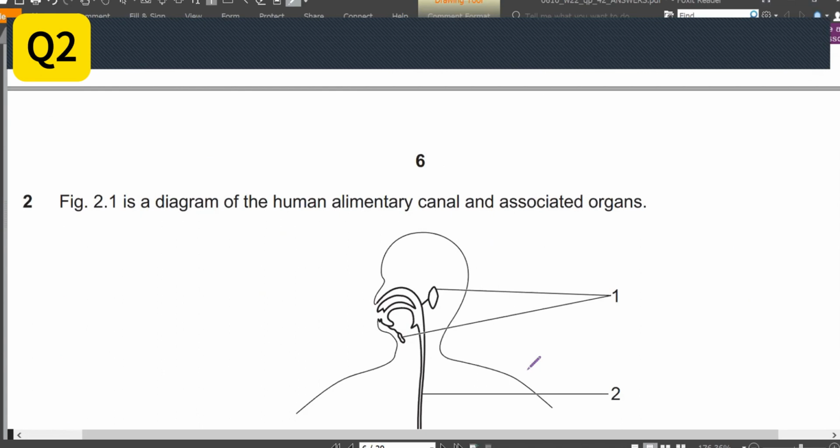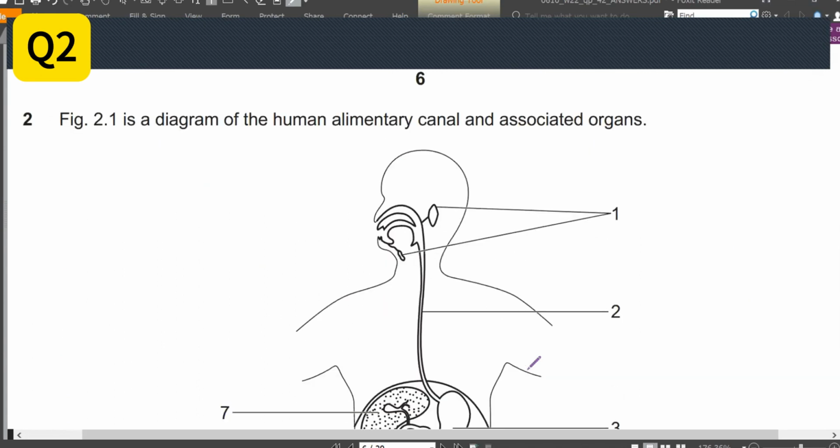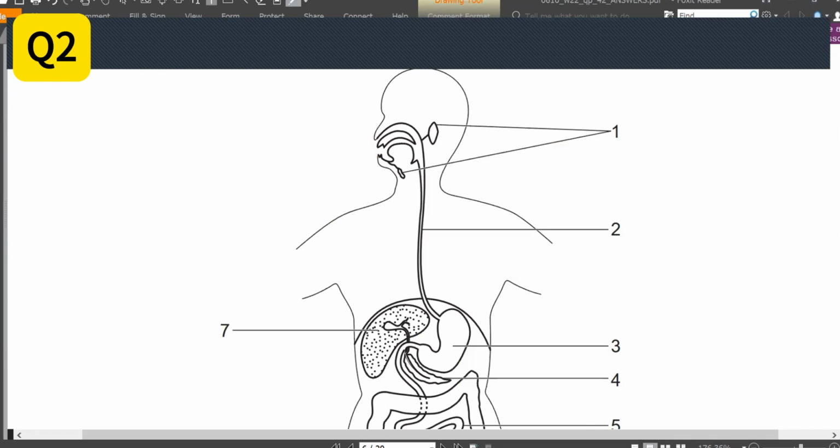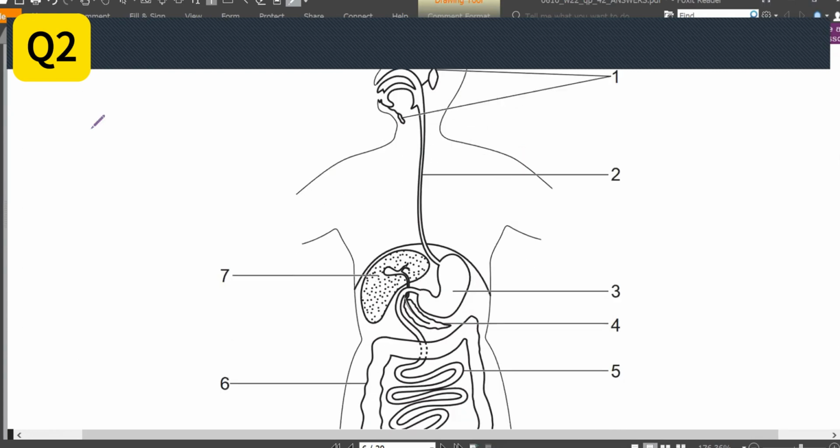Next question. This is a question about the digestive system. We have the human alimentary canal and associated organs, the organs that are responsible for different functions in the digestive system.